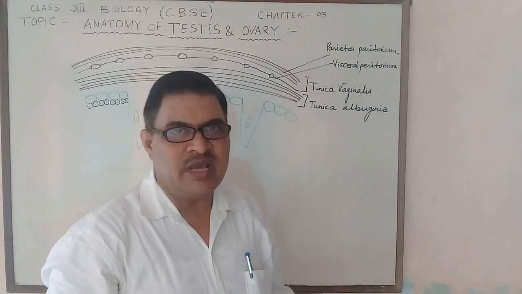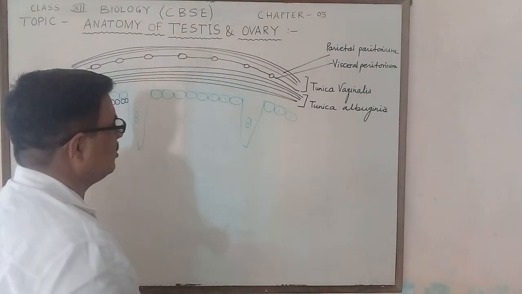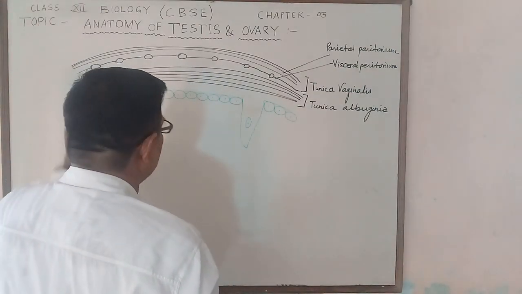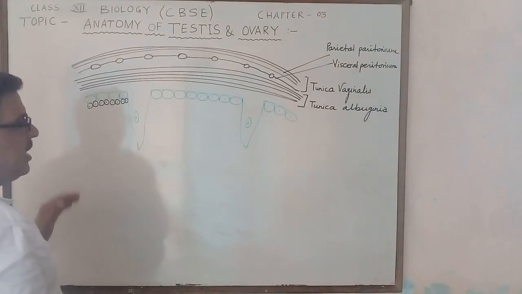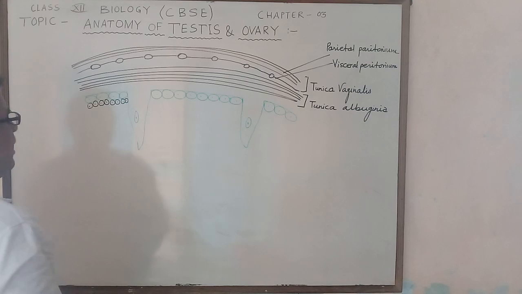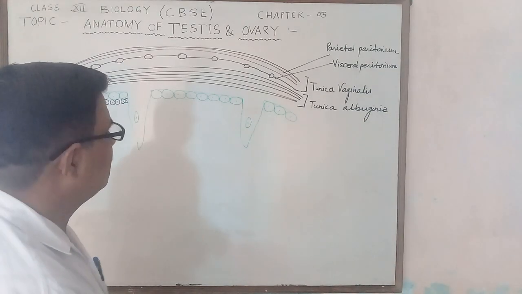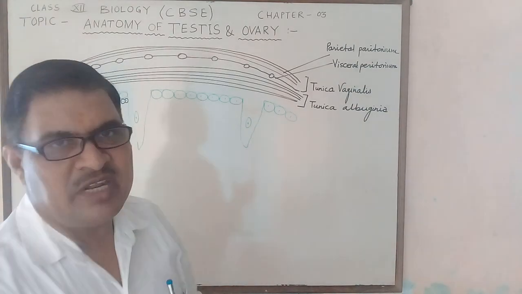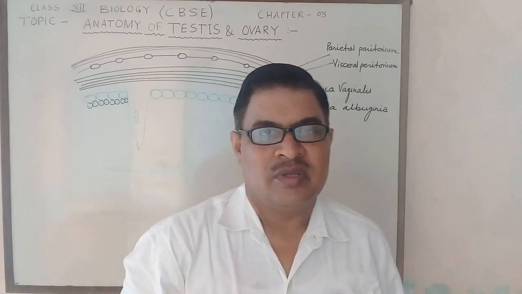Tunica albuginea shows different partitions, as it makes chambers, and each chamber has a seminiferous tubule.